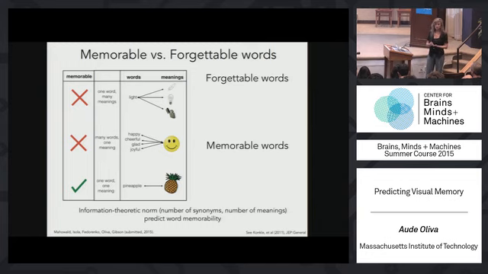In the paper, we also look at the correlation between memorability and imageability or frequency and so on, and all this is described. But really the main factor is this one-to-one reference between a word and its meaning or concept.